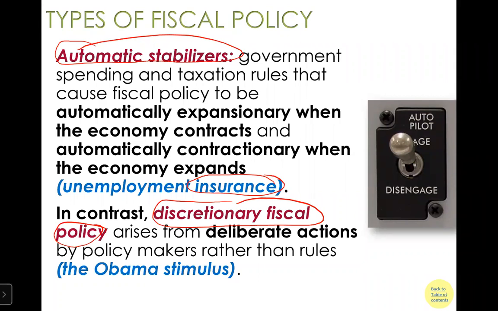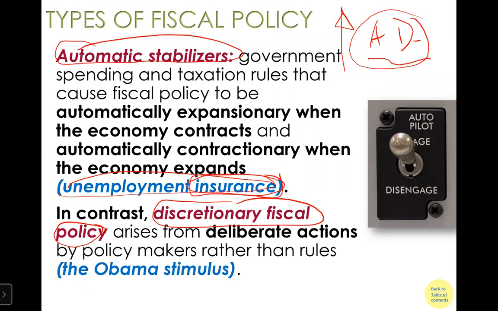But this help is going to boost up aggregate demand. Why is that? It's because this unemployment insurance is going to help those who lost their job to pay their bills. Otherwise, those people are going to cut their spending, right?